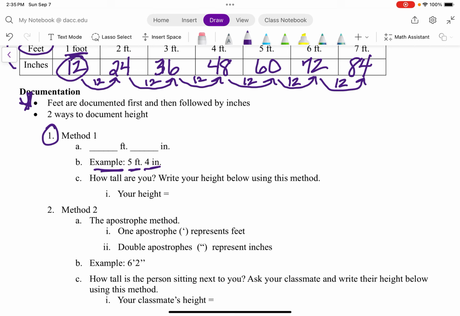It says, how tall are you? Write your height below using this method. My height is 5'6". So what I would write here is 5 feet, 6 inches. That's method number one. Go ahead, take a little bit of time and fill in what your height is.